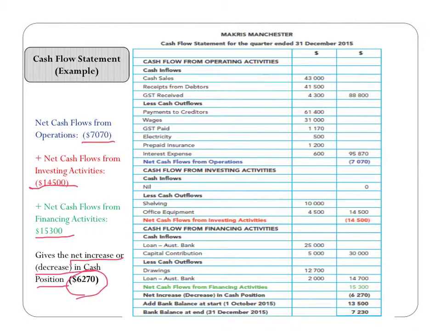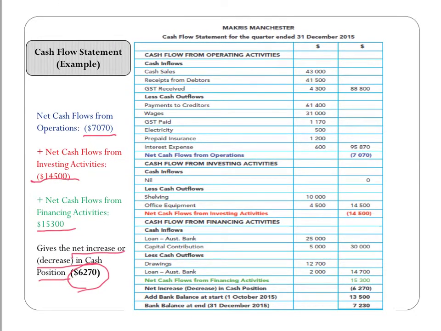Okay, and then you add that to the bank balance at the start of the quarter, 1st October 2015, and it should give you the bank balance at the end of the quarter. Okay, 7,230. So that's what a typical cash flow statement looks like.